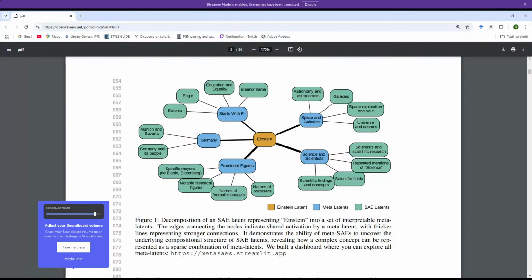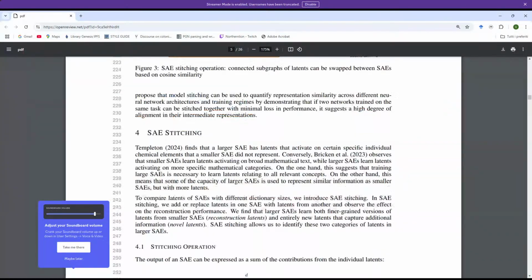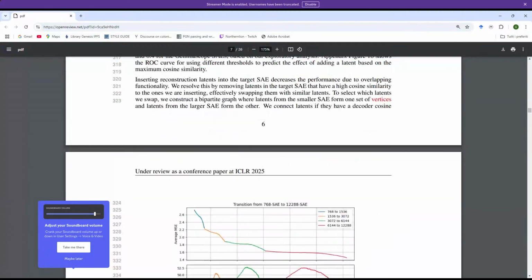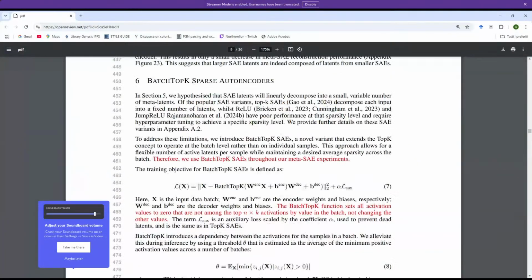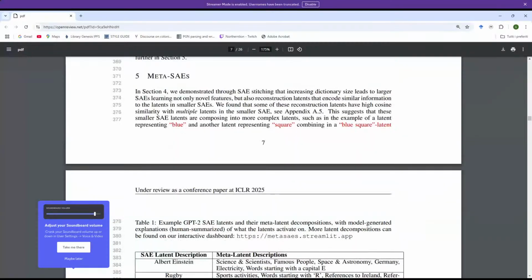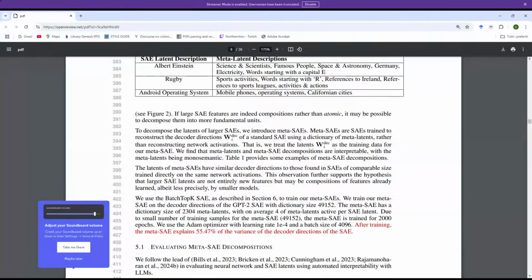The other thing that was kind of pushed under the rug, or at least not discussed enough, and you see, the order of the article is a bit strange because I have to scroll all of this to go to the actual part of the meta SAEs, is that the reconstruction of the meta SAEs is much lower than that of a normal SAE.